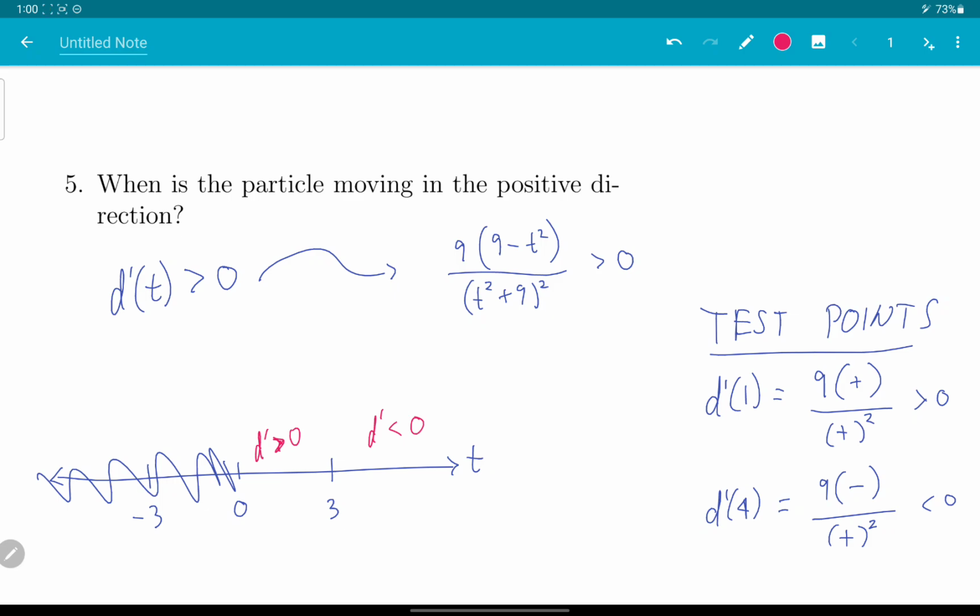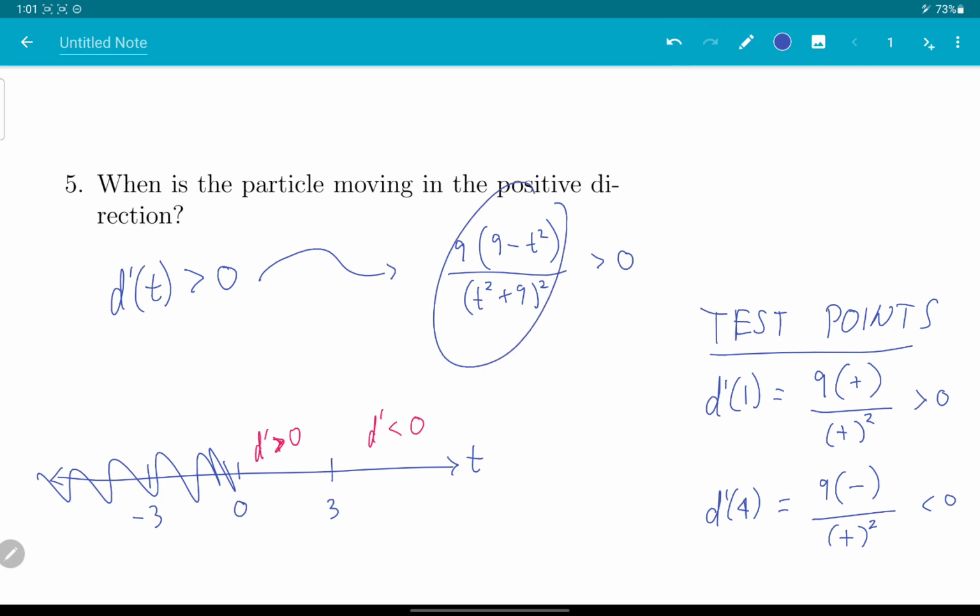Okay, let's go through the reasoning one more time. I'm trying to find when d prime is bigger than 0. I first of all found out when it equals 0, and then I decide what's happening on either side of that t equals 3. And I do that just by plugging numbers in to see what's happening. I chose a number in here. I chose 1 because it's easy to work with.